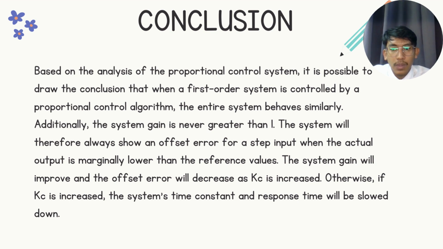The system will therefore always show an offset error for a step input when the actual output is marginally lower than the reference value. The system gain will improve and the offset error will decrease as KC is increased. Otherwise, if KC is increased, the system's time constant and response time will be slowed down.